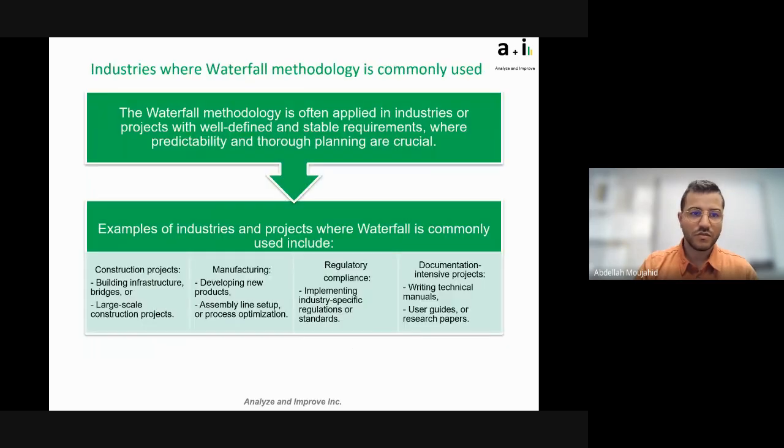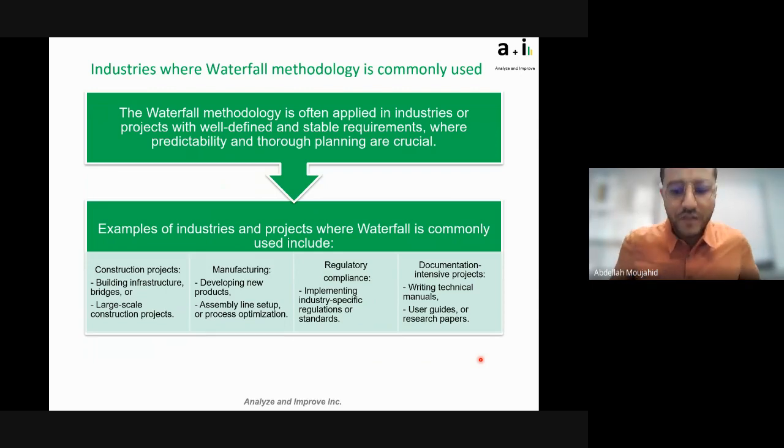Now, which industries is the waterfall methodology commonly used in? It is often applied in industries or projects with well-defined and stable requirements, where predictability and thorough planning are crucial. As an example, we have construction projects, like building infrastructure, bridges, or large-scale construction projects. We already know how a building would look.